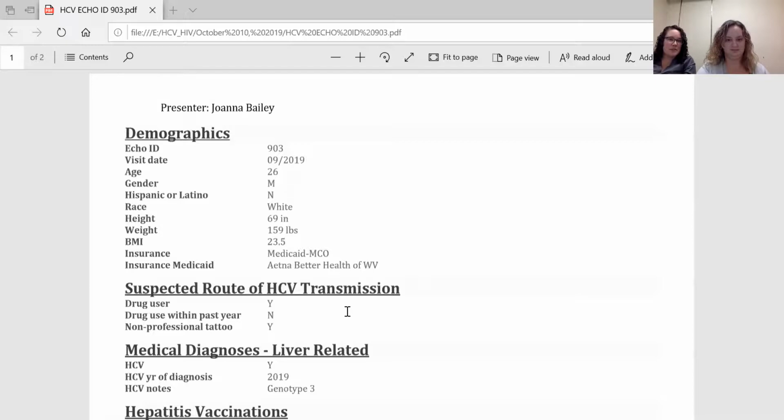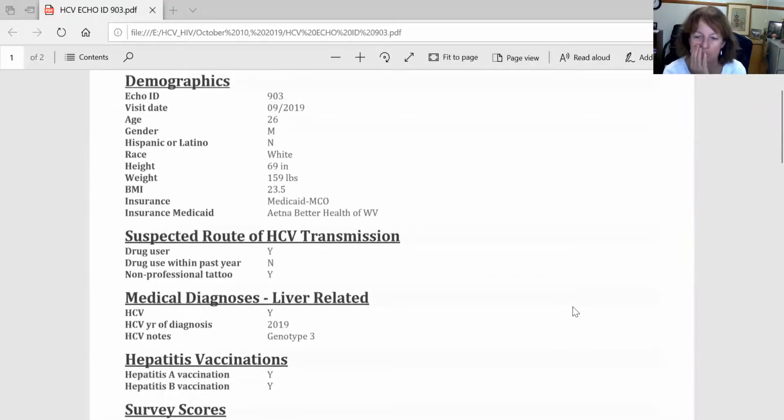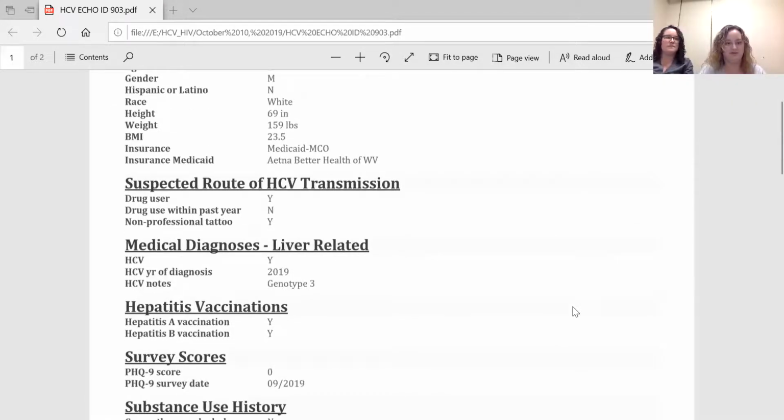Okay, this is a patient that Jessica has seen several times, so I'm going to let her present him. This is all the information you put into the online form, so she'll scroll down as you go through it. This is a 26-year-old white male, not Hispanic or Latino.